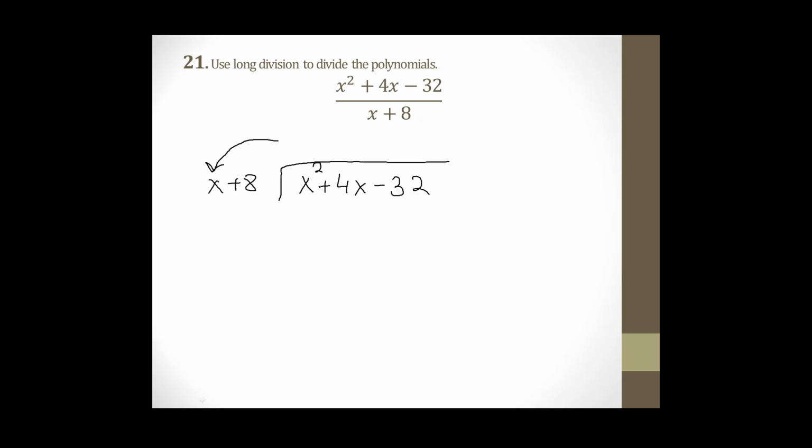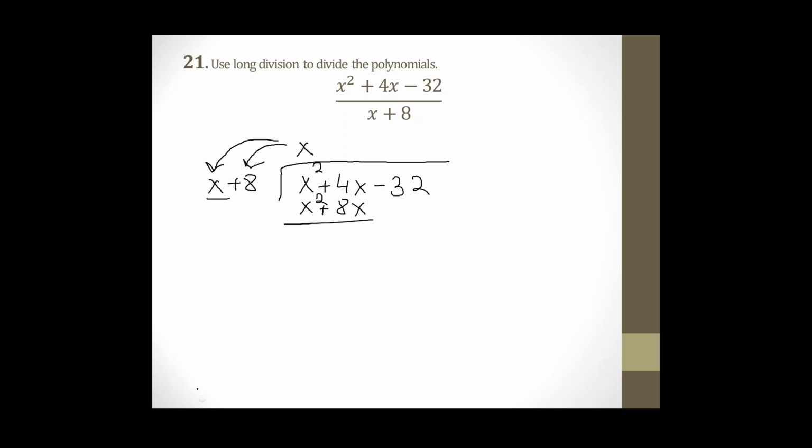The only thing that I can think of to multiply x by is another x to get x squared. So x times x is x squared. The first term always has to be exactly the same, and then I have to multiply that by the second part, by the 8. So x times 8 is just 8x.